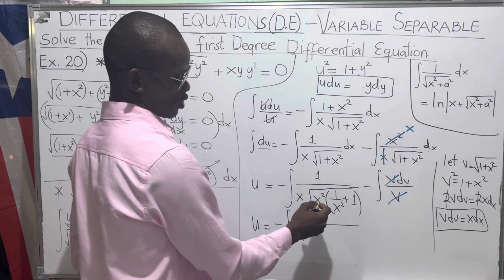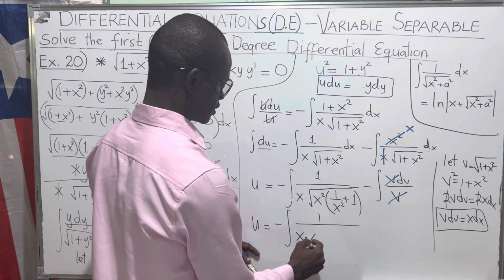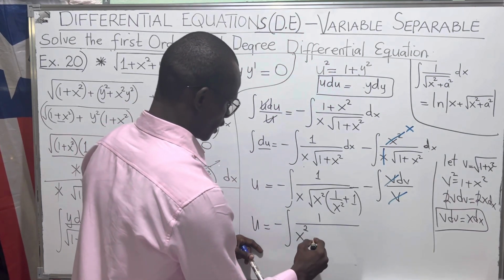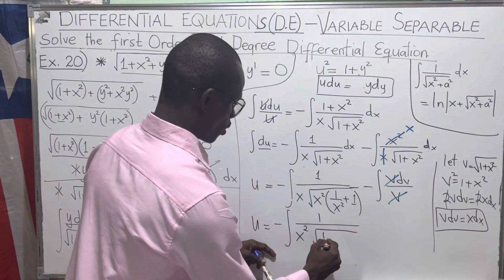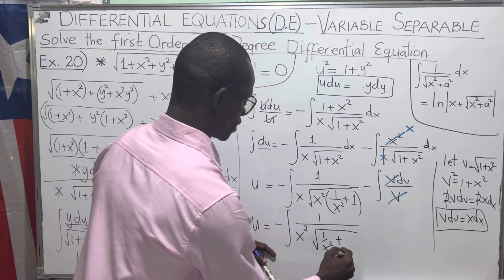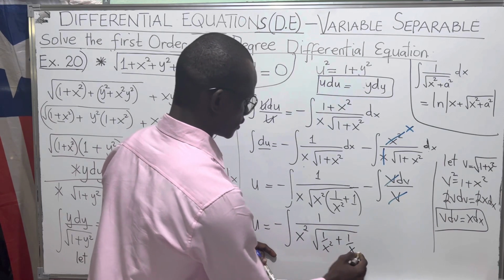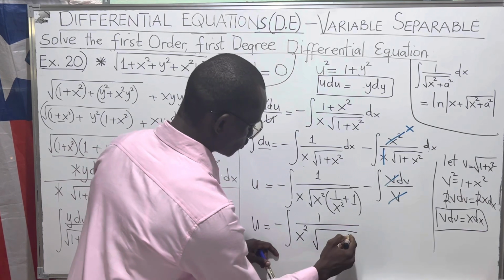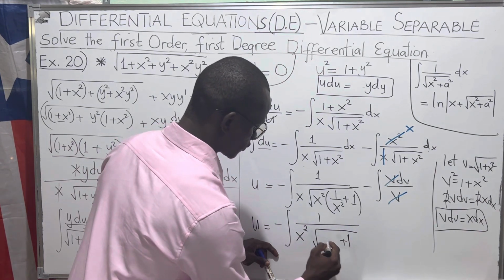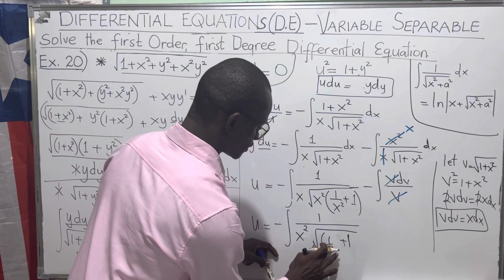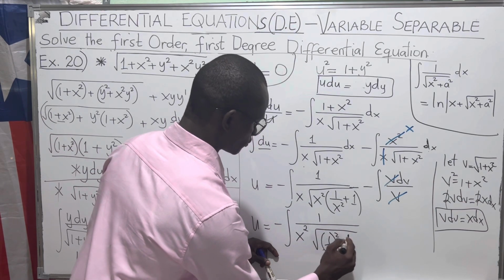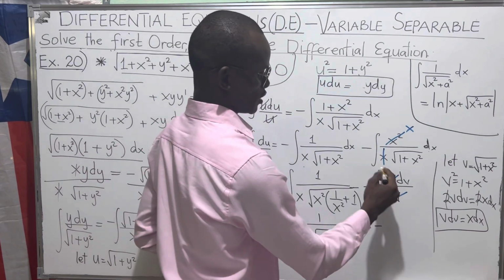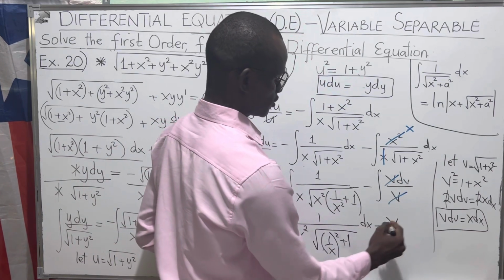Now, the square root of this x squared is just x, so x times x will give us x squared, and then the root of 1 all over x squared plus 1 all over x. We can rewrite this 1 over x squared as 1 all over x all squared, dx, minus, now the integral of dv is just equal to v.